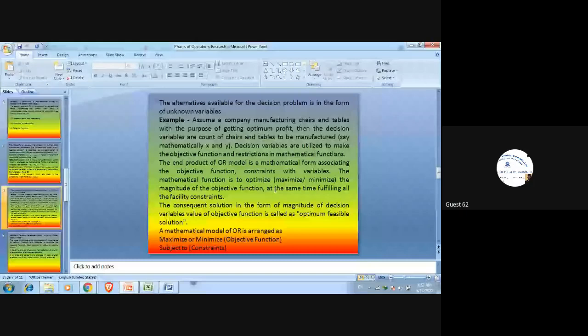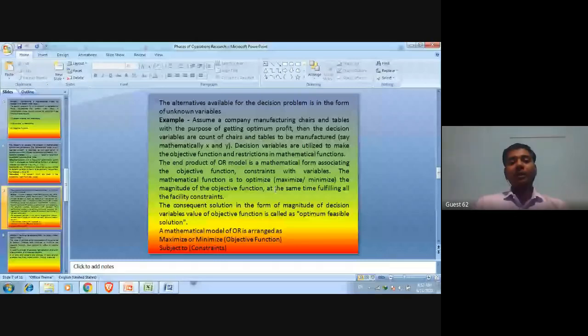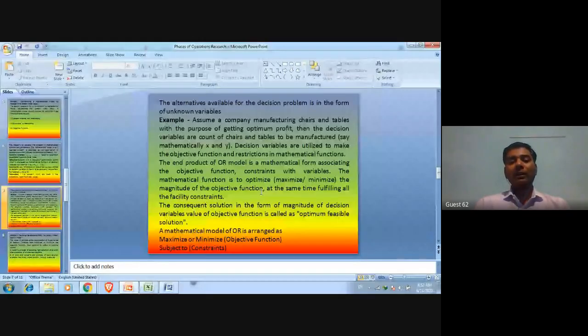Now, the mathematical function is to optimally maximize or minimize the magnitude of the objective function, according to your objective, while at the same time fulfilling all the facility constraints. The consequent solution in the form of magnitude of decision variables and value of objective function is called the optimum feasible solution.